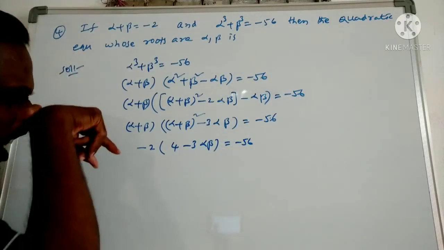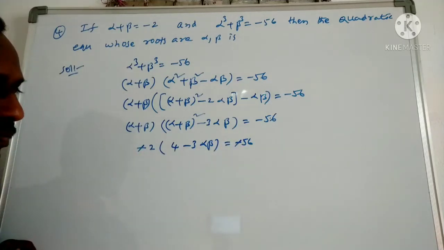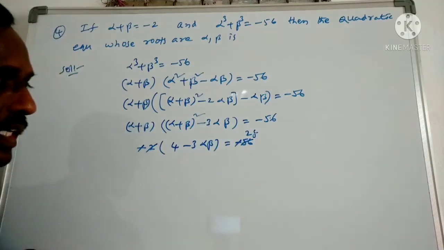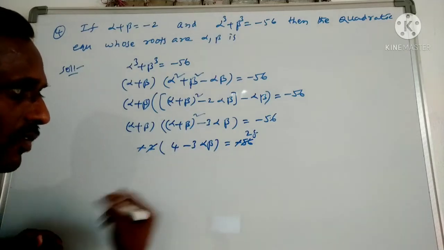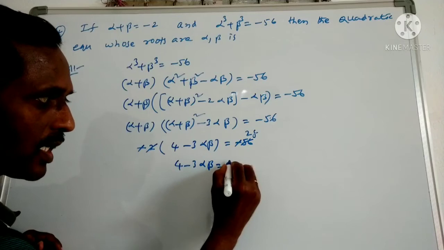Now simplify this again. So here the minus on both sides we can cancel. Then after, 4 minus 3 alpha beta equals 28 is the remainder.